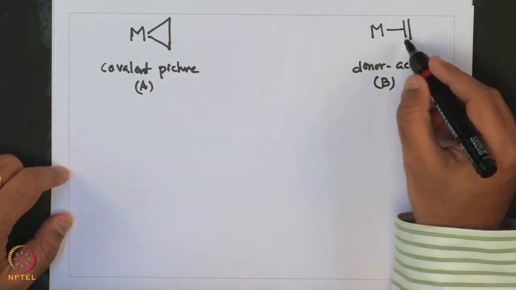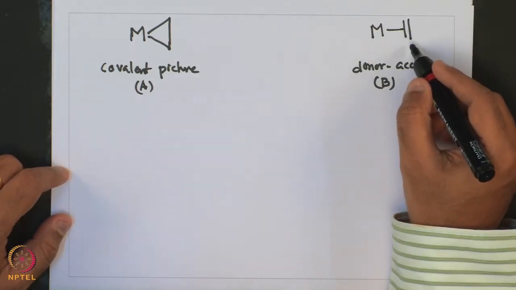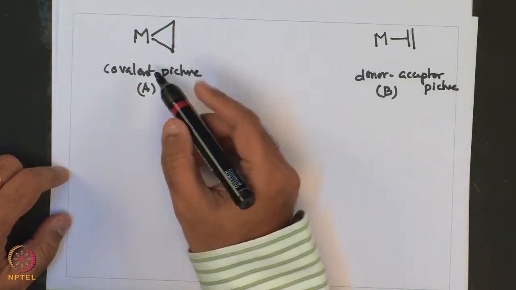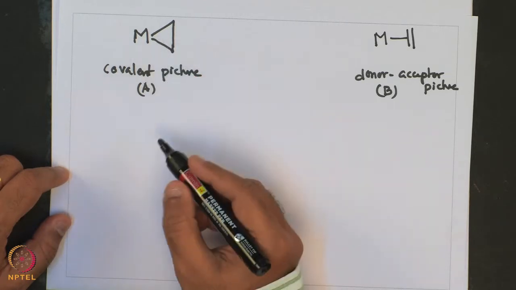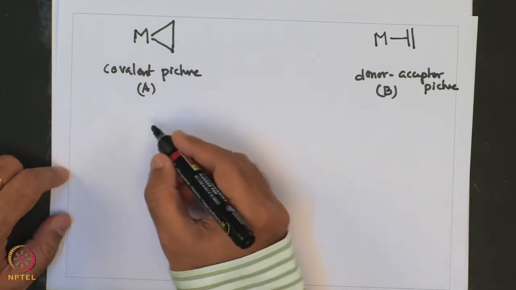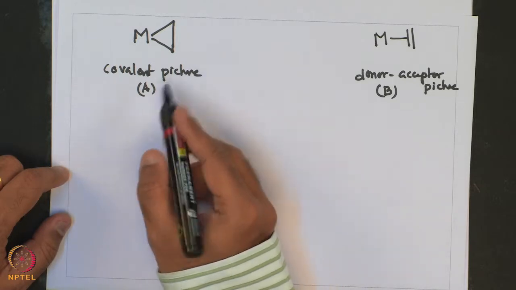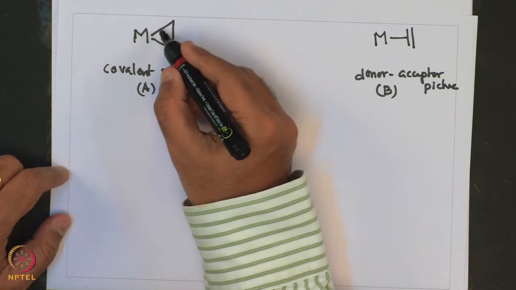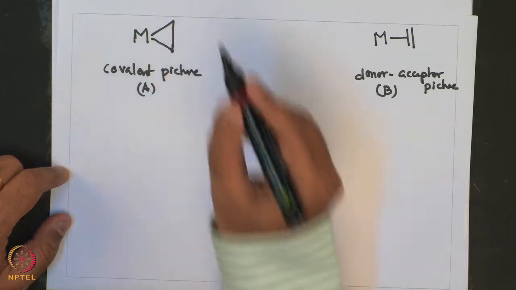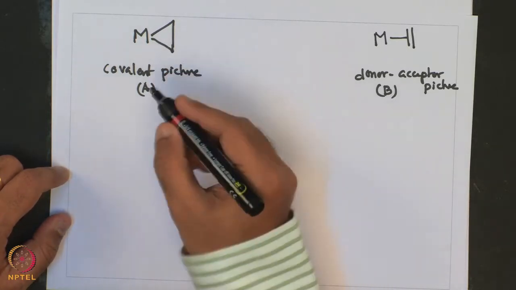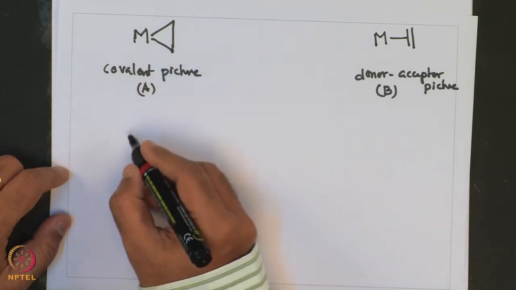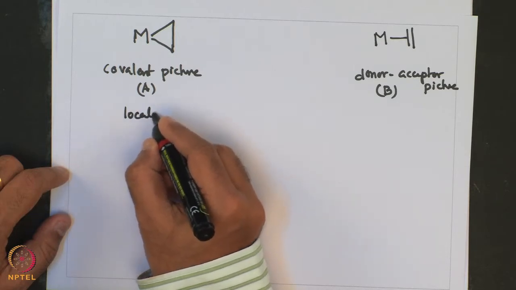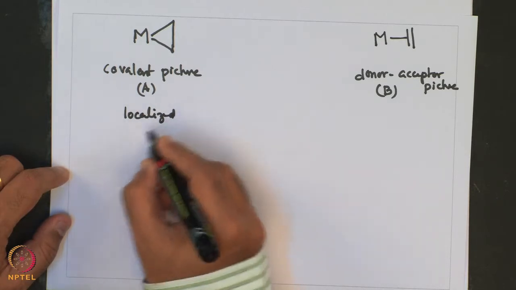Here the donor is the olefin alkene and the acceptor is the metal. Now, one can see that in the covalent picture there are two localized single bonds between the metal and the carbon, and they can be represented as localized orbitals.